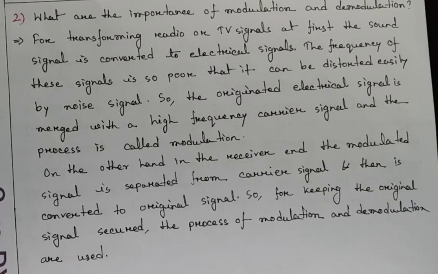That means types of modulation, what kind of modulation is used for what purpose. So in this chapter you have got the primary idea about modulation and demodulation, and you have to keep in mind all this topic for the future.